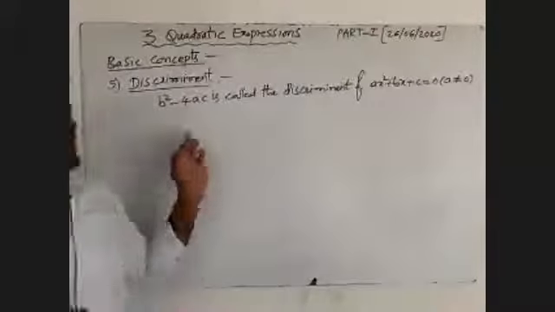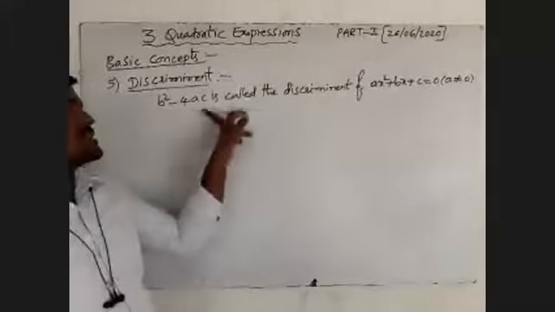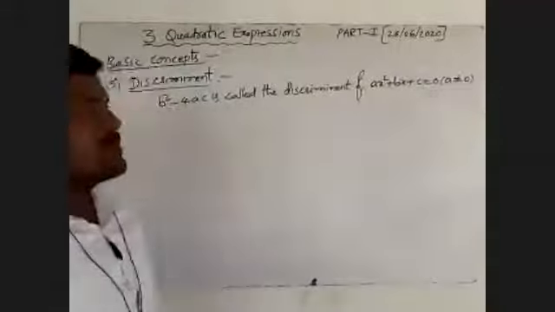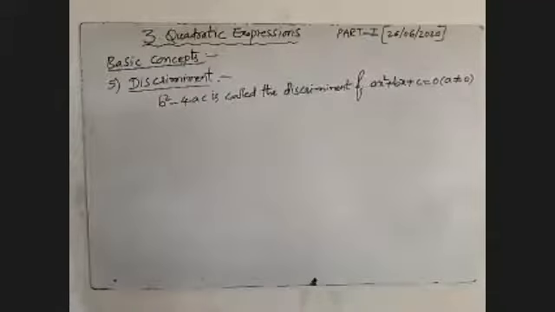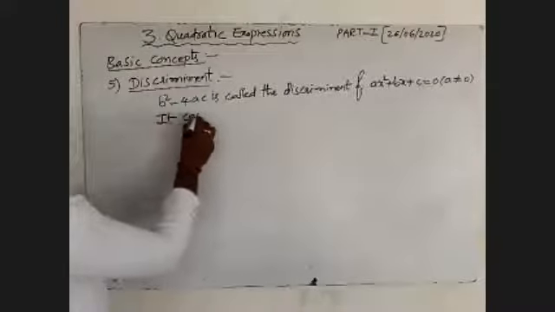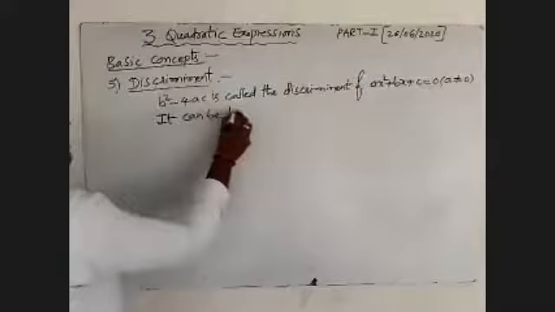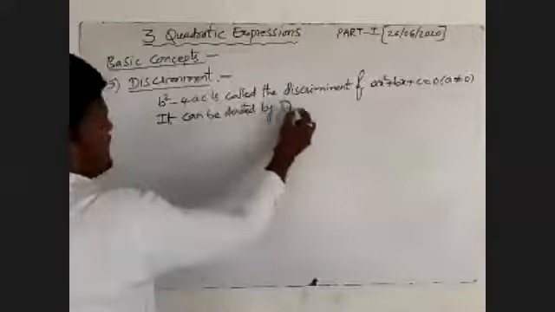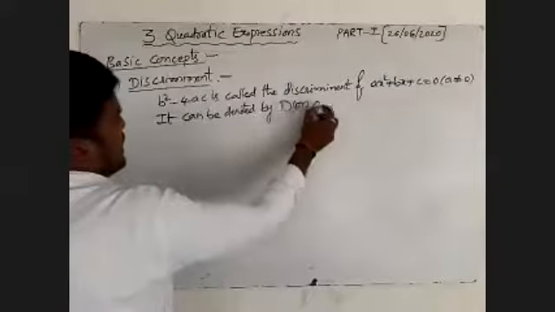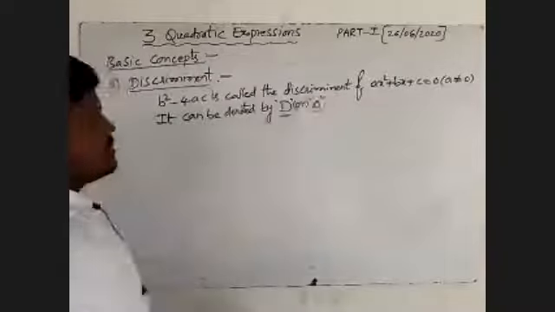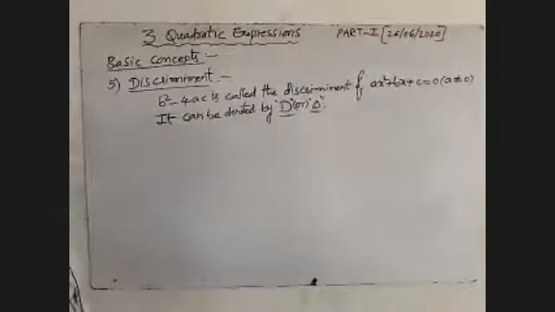Once again, I will explain this one. B square minus 4ac is called the discriminant of ax square plus bx plus c equal to 0, where a does not equal 0. It can be denoted by capital D or delta.